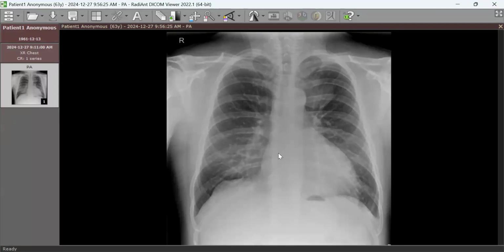Regarding the mediastinum, looks not shifted to any side. Cardiac size looks normal. Both hila look clear. Apart from that opacity, I didn't see any abnormality.